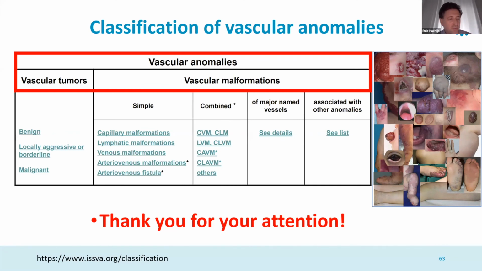Then I wanted to point out the crucial role of imaging in distinguishing between different lesions, and also in distinguishing between localized and diffuse vascular malformations, because that is important for treatment. I didn't really talk much about pathophysiology, and I'm sure we're going to talk about that in future.